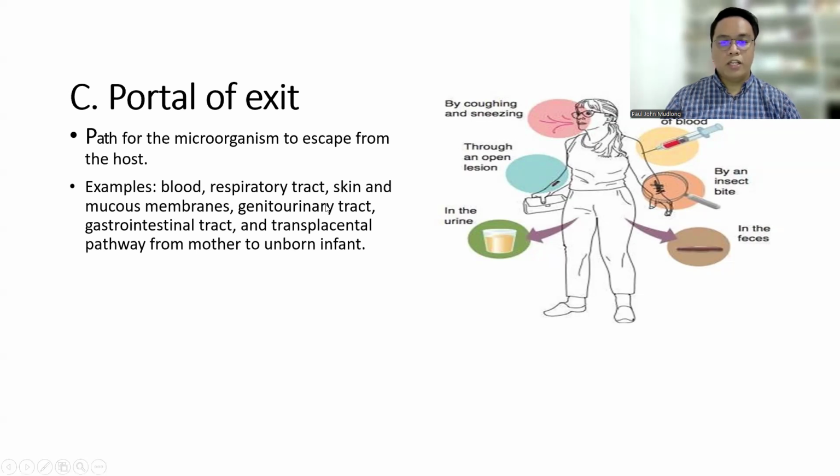The genitourinary tract, the gastrointestinal tract, which is from the feces or stool, and then the transplacental pathway from mother to unborn infant. When, for example, a mother delivers a baby, that's the transplacental pathway. The infection moves from the mother through the placenta to the unborn infant.